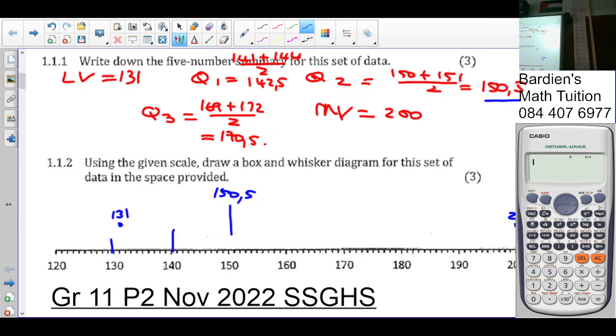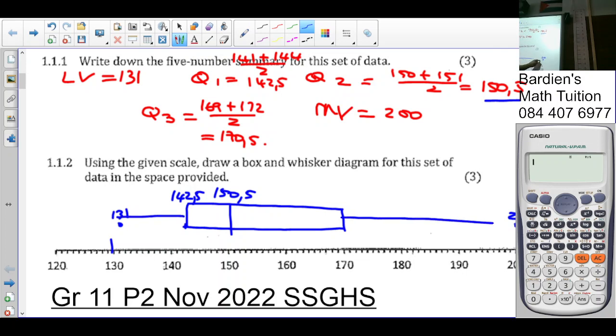So that is 140 is there. 142 is there, 0.5. It's a stroke. That's 142.5. And then 170.5, well, it's approximately there. Okay, so there's my box. And there's my whiskers.